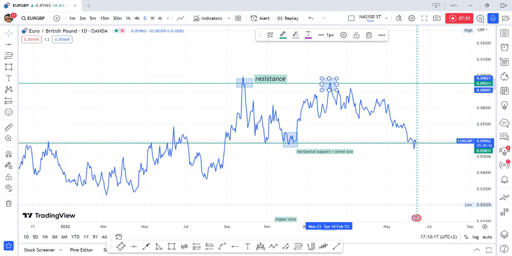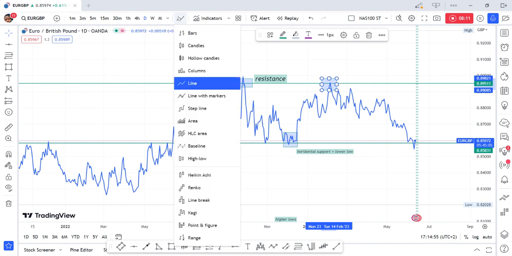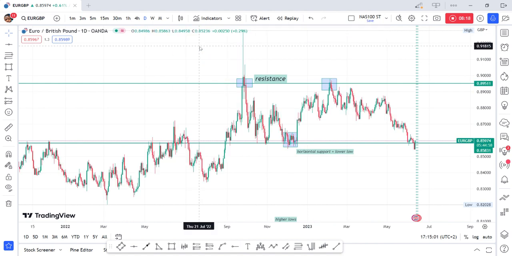It's also very important to understand liquidity, and you have to understand that in order for the big boys to come to the market, they have to create liquidity first. And I know that liquidity is not something that you can trade.